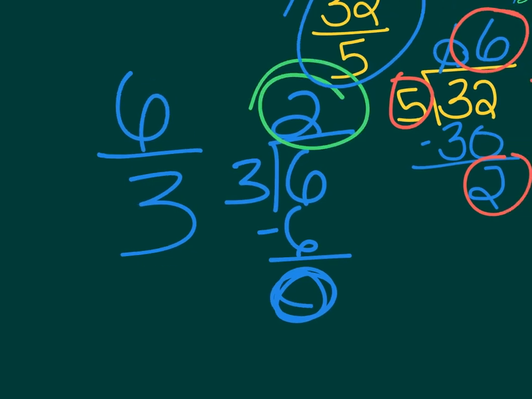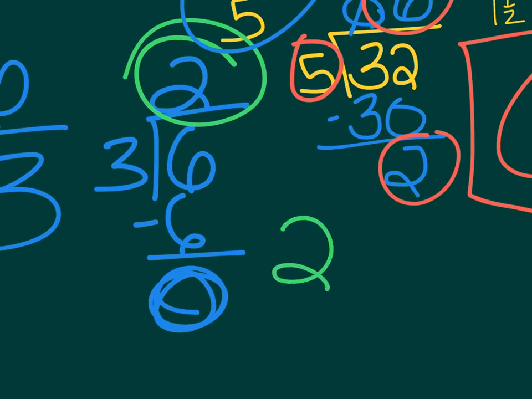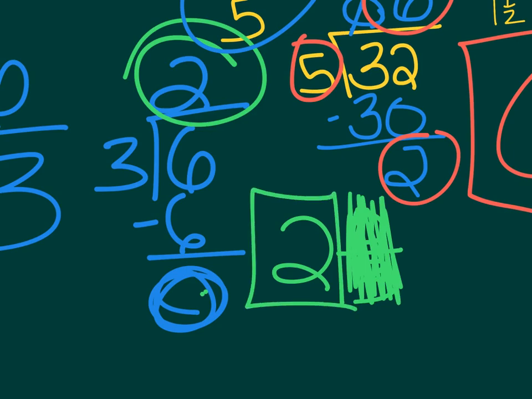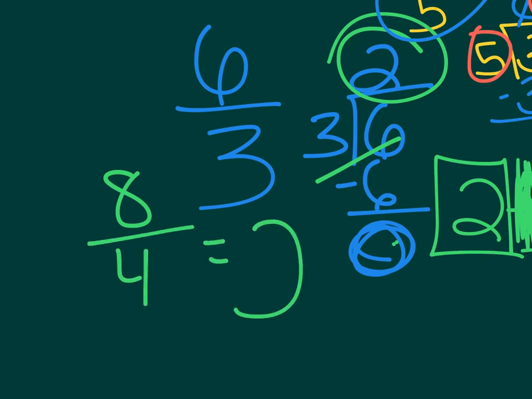Now, technically, if I was to follow all the rules, I should have 2 as a whole number, 0 as a remainder, and 3 as the denominator. But since I don't use 0 in a fraction, I just end up with the whole number 2, right? Same thing if I have something like 8 over 4. That would be 2, because there's nothing left over.